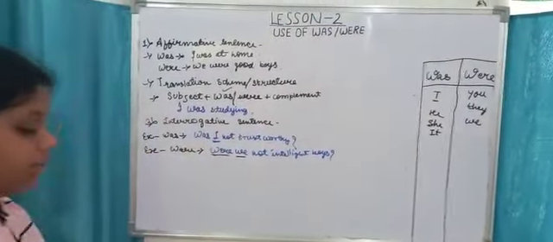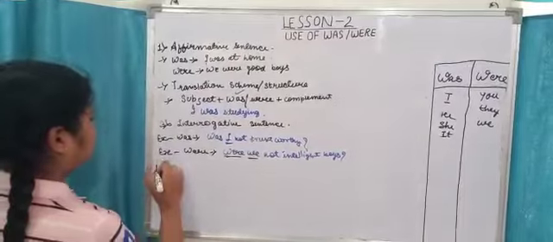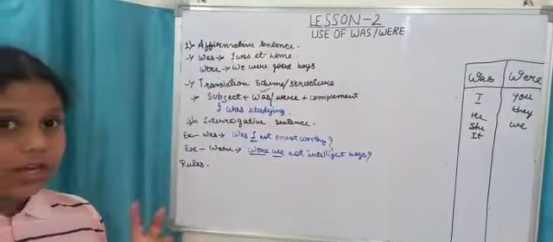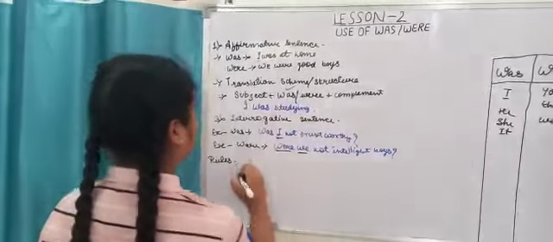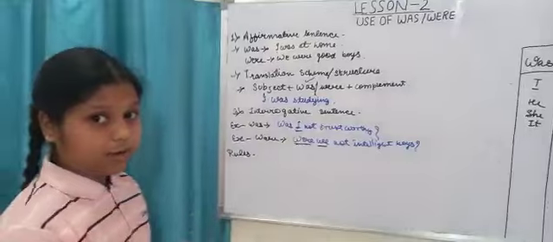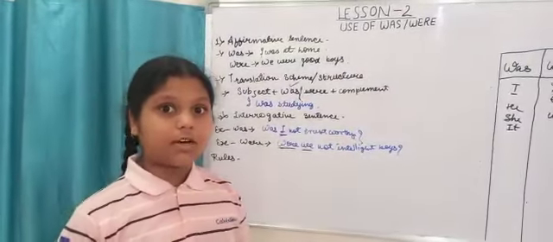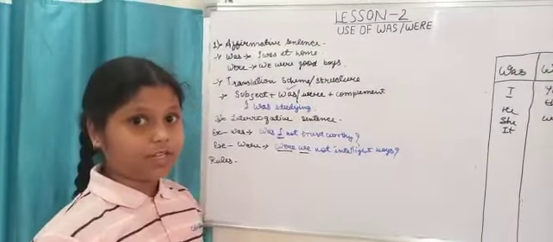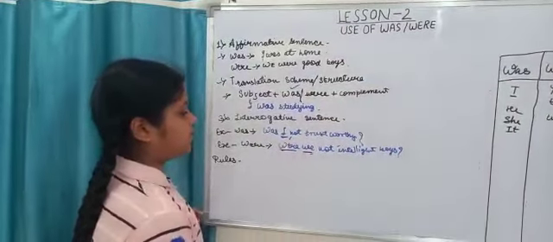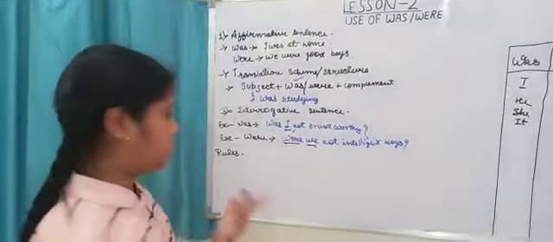Now we will talk about the rules. Rules are also important because they help us form a sentence in a correct manner. The rule is that in the interrogative sentence, was or were is always used at the start of the sentence, before the subject. Like I is the subject, we is the subject, and was and were are always used at the start.